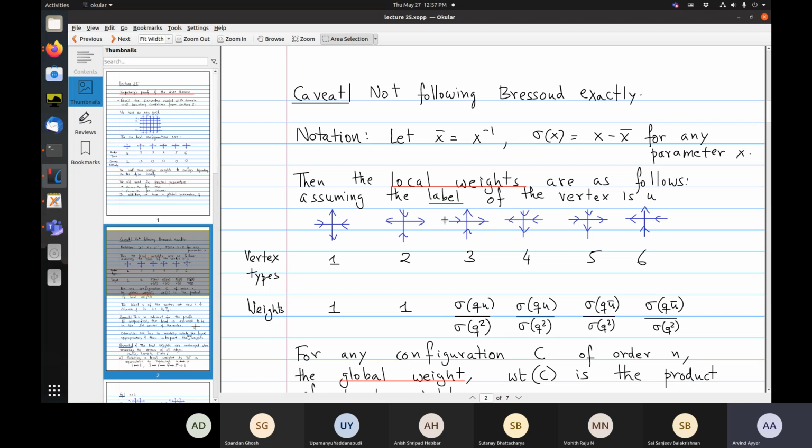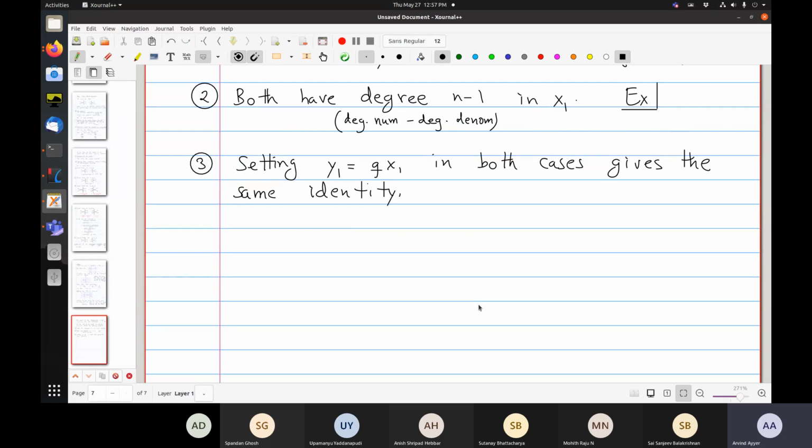If I have it of type 3, then I will get sigma of q x1 by y1. So for Zn, this is the first case, sigma of q x1 by y1 will become sigma of 1, which is 0. So the 1,1 vertex cannot be of type 3.